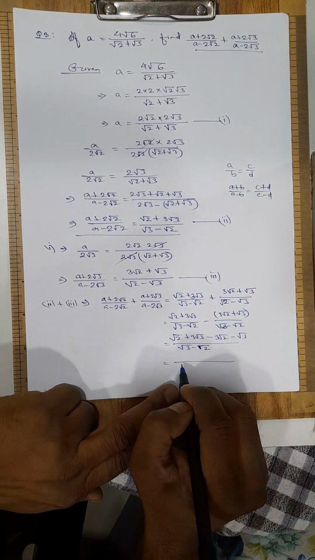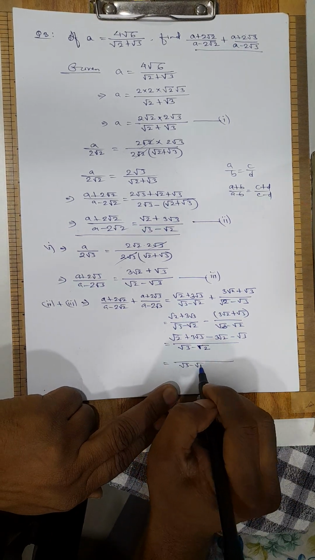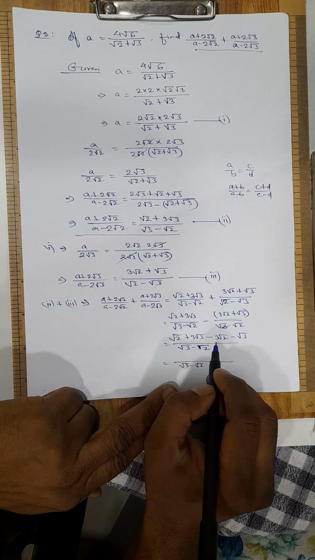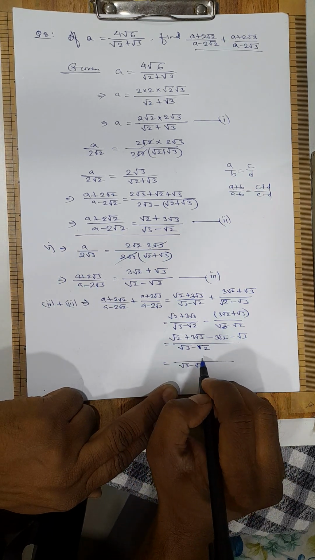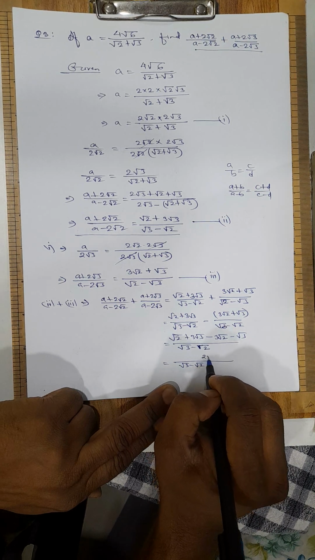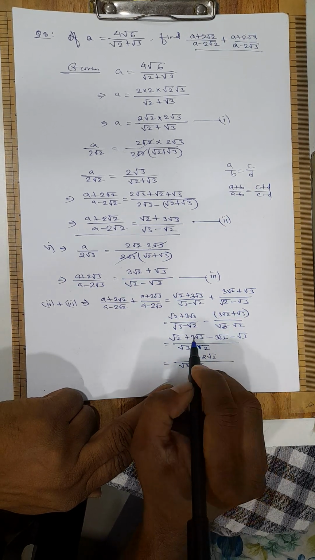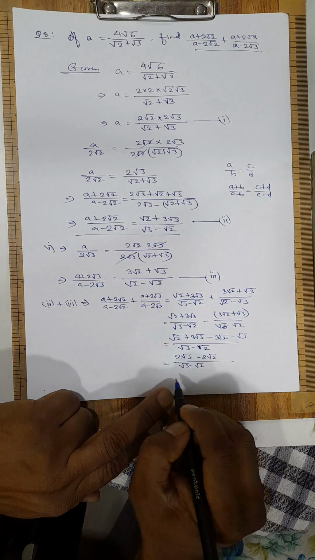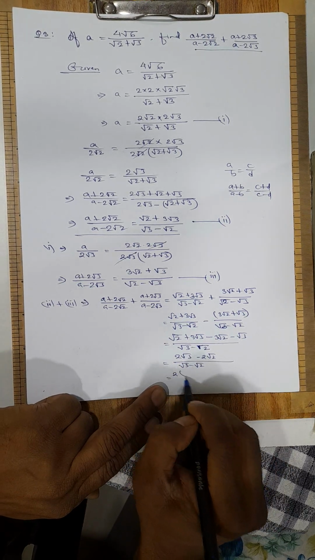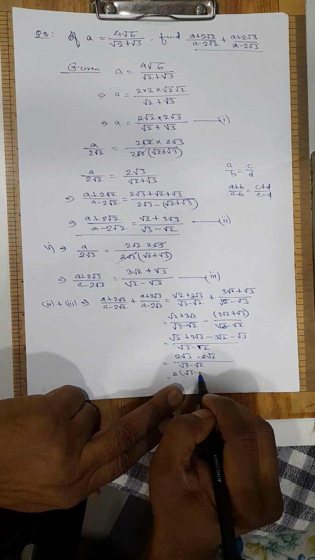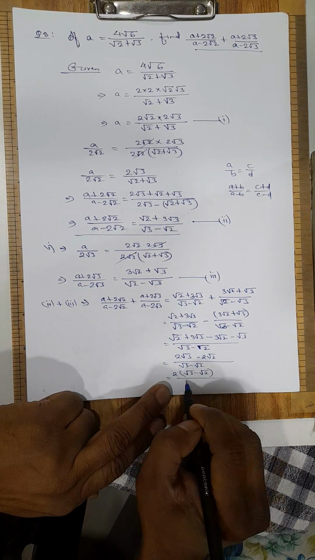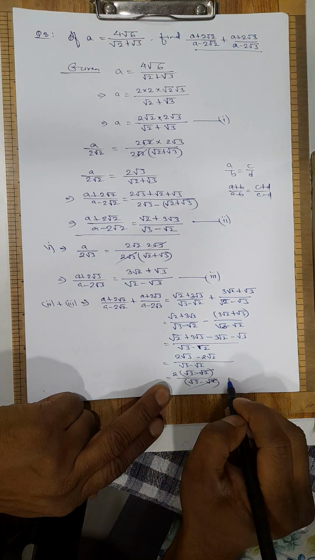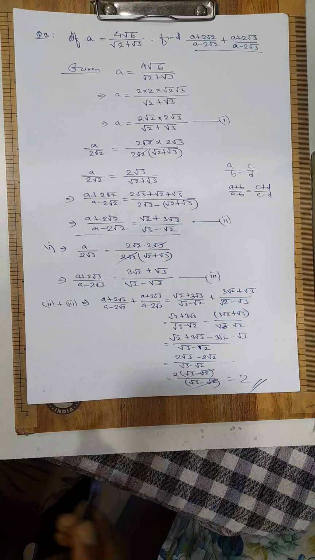So denominator is again √3 − √2. It becomes √2 − 3√2, that means −2√2, and 3√3 − √3, 2√3. So taking 2 as a common factor, 2(√3 − √2)/(√3 − √2). So the answer is 2. So this is the answer.